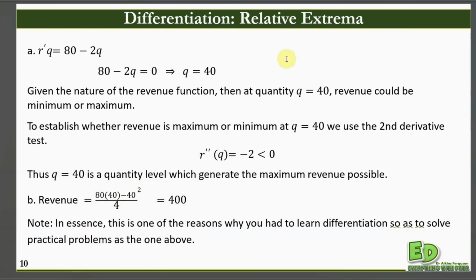In this sense, it means that if we produce 40 units, we are going to attain the maximum revenue of 400 Ghana cedis. This is one of the reasons why we have to learn differentiation, so that you can solve problems like this in the business sense. So this is how you apply it in the business perspective.